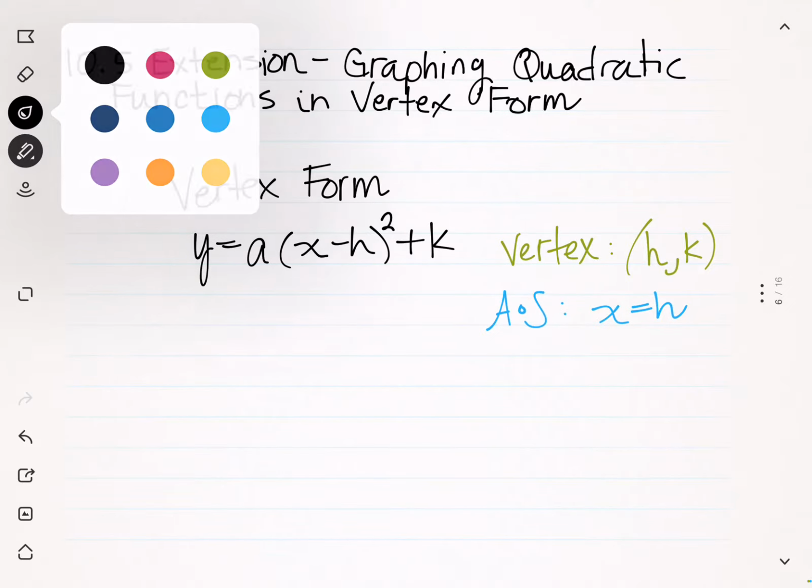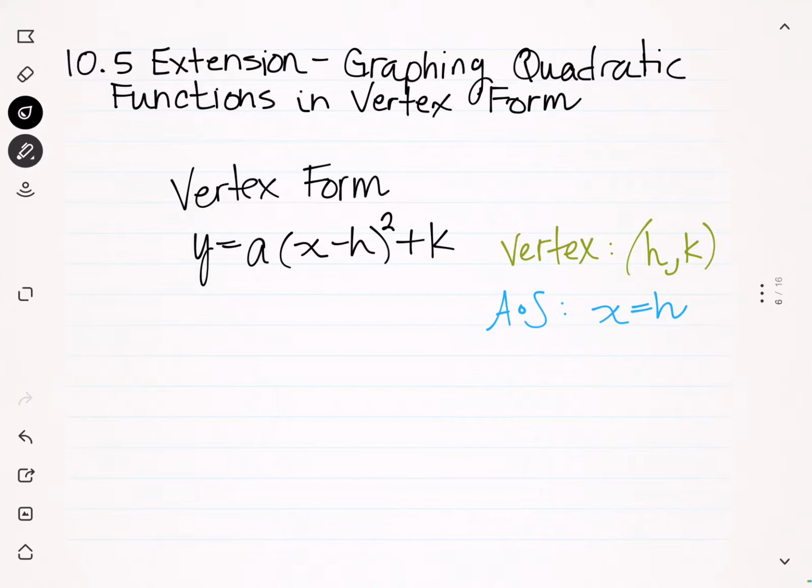Also, when we look at the equation of the parabola, we can tell if it's opening up or down by looking at the value of a. So if a is a positive number, if a is greater than 0, the parabola is going to open up.